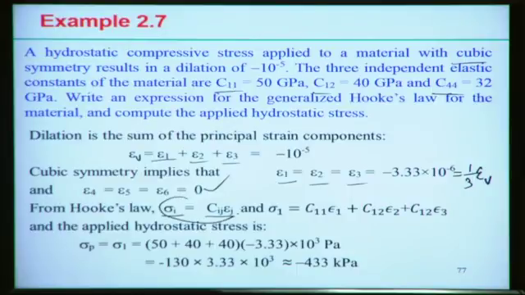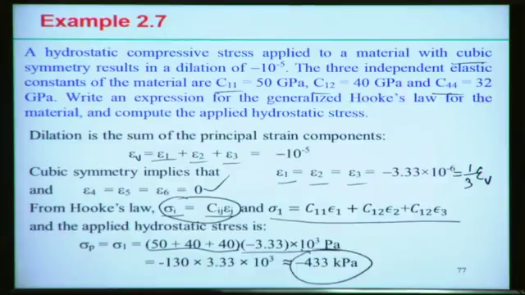So we use this relation, and the system of equations is like that: sigma 1 equals C11 epsilon 1 plus C12 epsilon 2 plus C12 epsilon 3. Now if we put all these constant terms here, and epsilon 1 equal to epsilon 2 equal to epsilon 3, the strain components, then we can find minus 433 kilopascal. So the hydrostatic pressure here is 433 kilopascal.